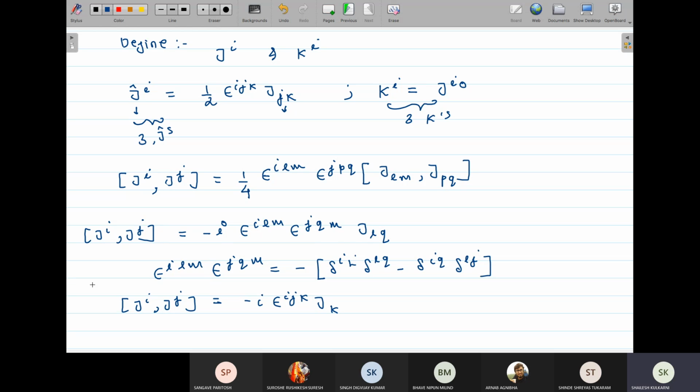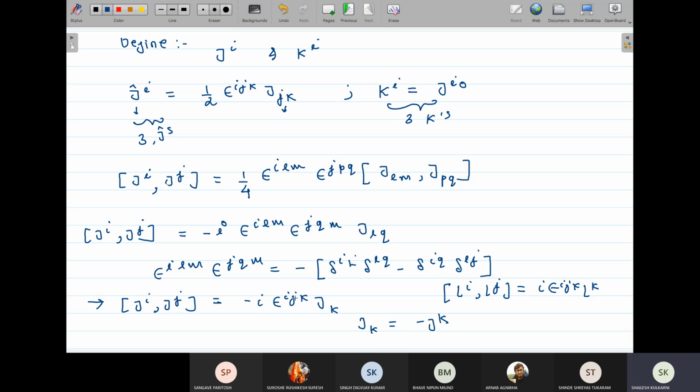And you can see why I did this. This is your usual angular momentum algebra, angular momentum commutation relations. So the commutator of Li and Lj is i times epsilon ijk Lk, but here it is down, so I can take this, it will be delta jk, which is nothing but minus Jk.